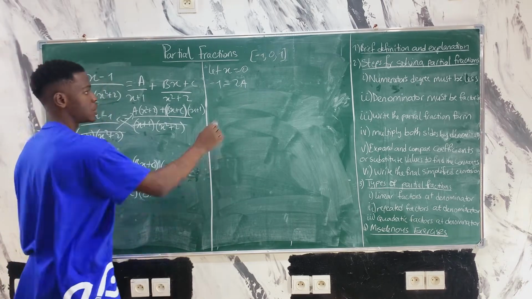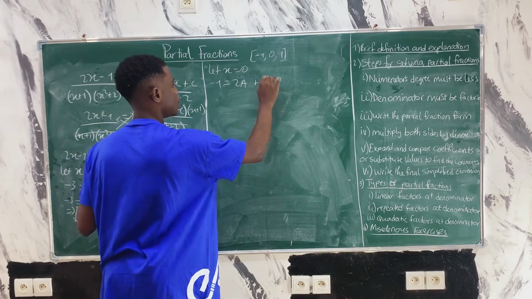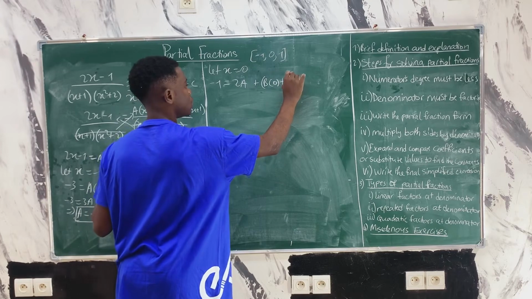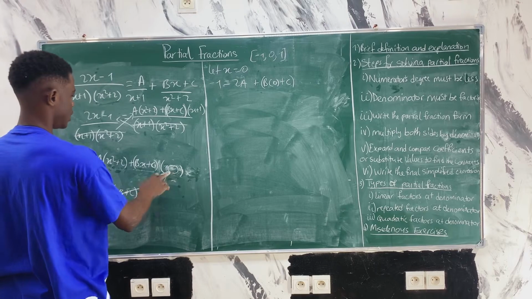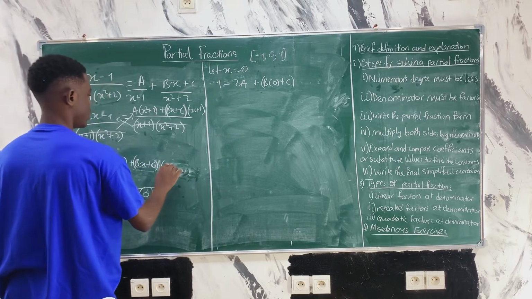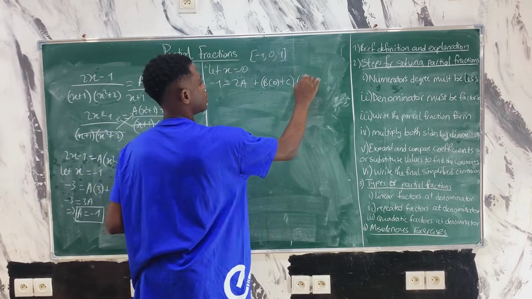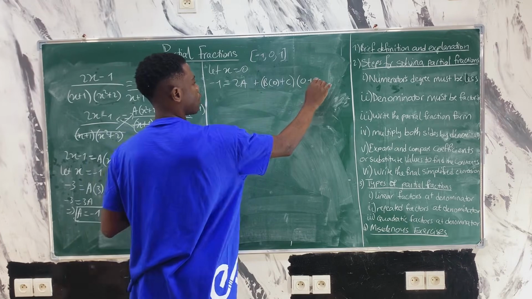Here we can see that this 0, let me just write it, plus b into 0 plus c into x plus 1. Since I let x to be 0, this x will be 0 plus 1.